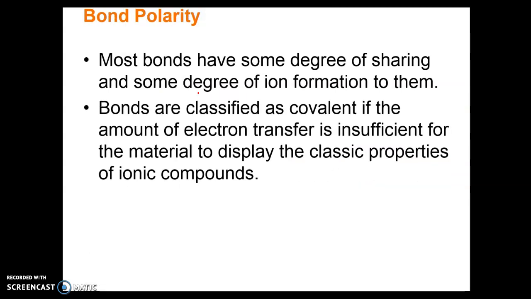Most of the bonds, and again, I'm kind of skipping through this because while this is a great PowerPoint, it's a lot of review, and we've kind of tried to throw in a lot of review in here just because it's been such a crazy few weeks. But if you look at this here, it says the bonds are classified as covalent if the amount of transfer is just small enough or insufficient that it doesn't exactly have an ionic compound.